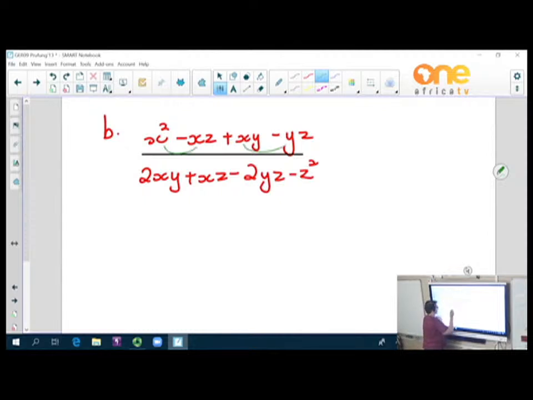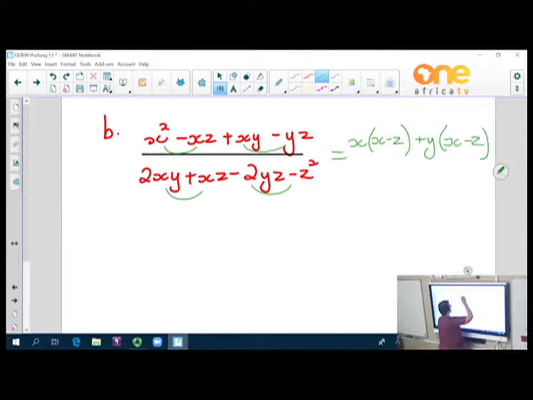There's nothing common, so I group them together, and I find an HCF. So what is common here is X, and then it is X minus Z. Here, it will be plus Y, and then there remains X minus Z, grouping.